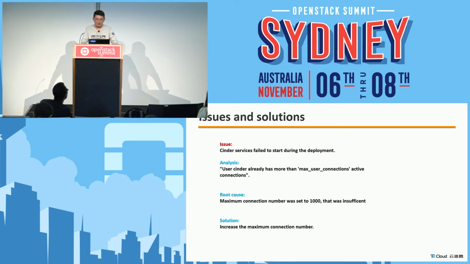Both Cinder API and Cinder volumes need to connect to database, and one Cinder volume service may establish many connections to database, while the default connection number of MySQL was limited to 1,000. That was insufficient, and so the solution is to increase the maximum connection number for MySQL.